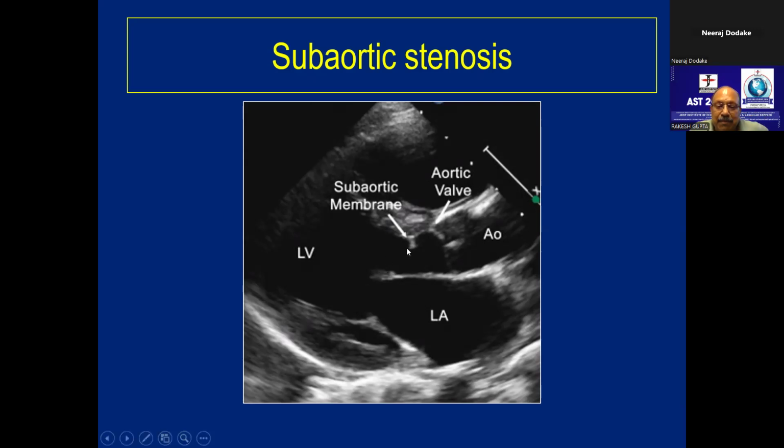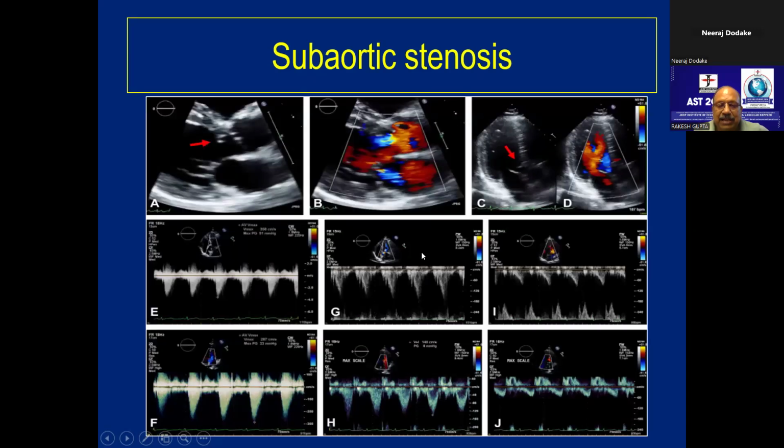So here is a membrane, but if this thickens to almost 2.5 times, what will happen? The LVOT will become smaller. With contraction of this LV, this valve leaflet is sucked into the LVOT. The mitral valve remains open, and here we get a gradient, and that gradient looks like this kind of Doppler spectrum pattern.